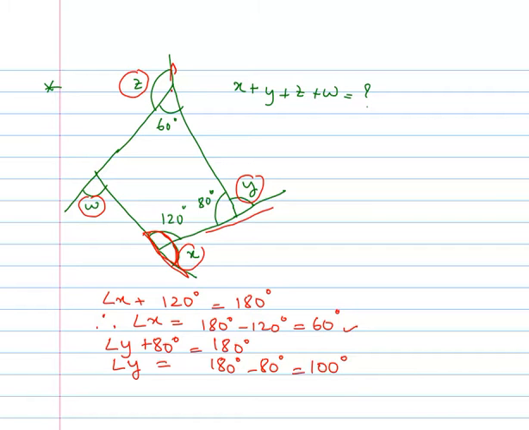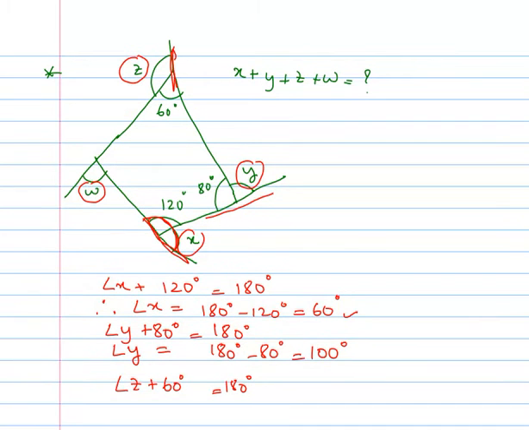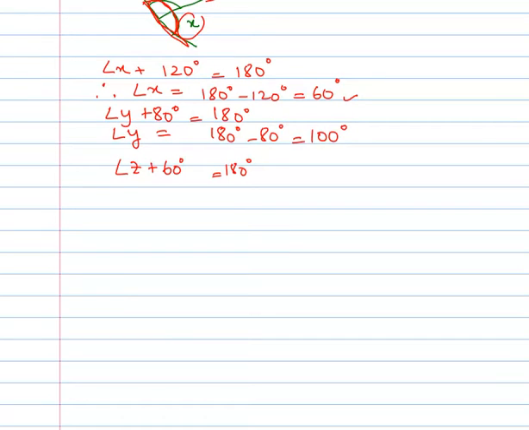Similarly over here angle Z plus 60 degrees should be equal to 180 degrees. This means angle Z is equal to 180 degrees minus 60 degrees, which makes it 120 degrees.